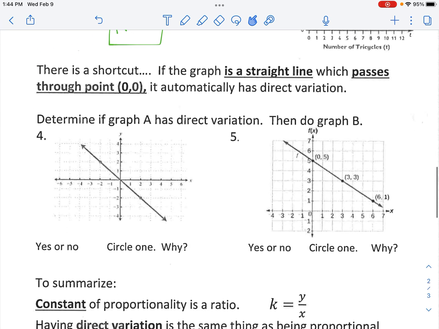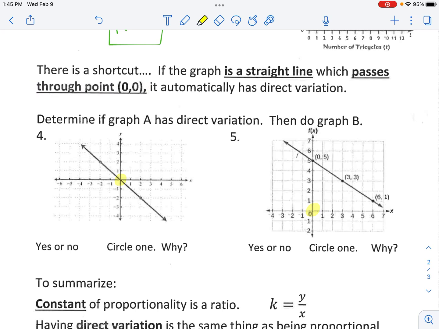There is a shortcut. If the graph is a straight line, remember this. This is a really, really quick tool for you to remember. If the graph is a straight line and it passes through 0, 0, which is your origin. I'm going to highlight your origin down here, and I'm going to highlight your origin down here on number 5. It automatically has direct variation. Okay, let's read that again.